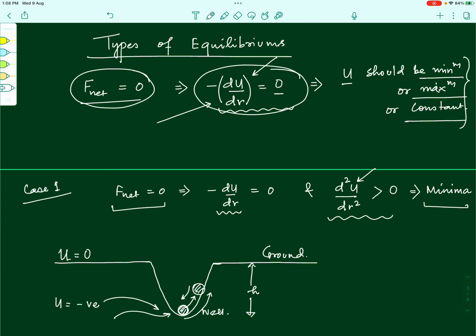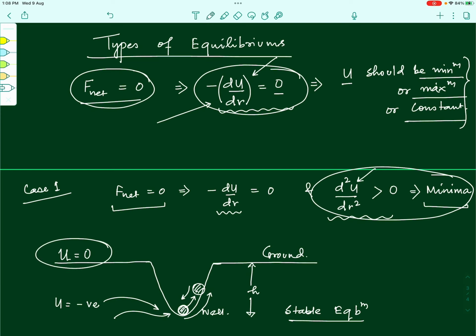So, such an equilibrium is called a stable equilibrium. For a stable equilibrium, a particle when it is displaced from its equilibrium position would always try to come back to the same equilibrium position by creating a restoring force. Okay. And in this case, as we have seen, the potential energy is a minimum here, as we can understand from the gravitational potential energy here also. Okay.